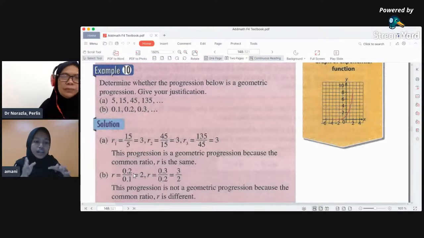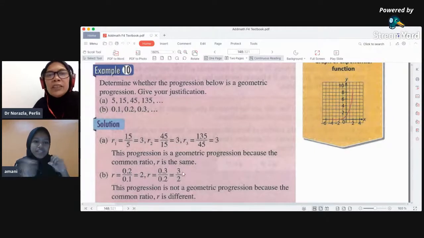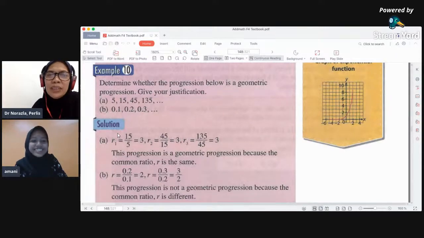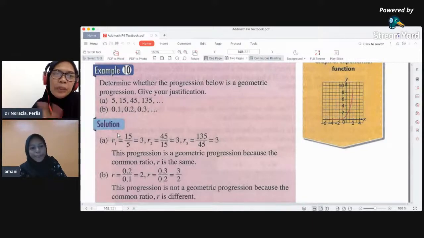Actually, we need to test the sequence to find whether the common ratio of each term is the same. You just say that we need to find the common ratio between two terms.